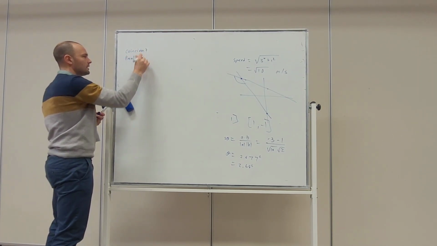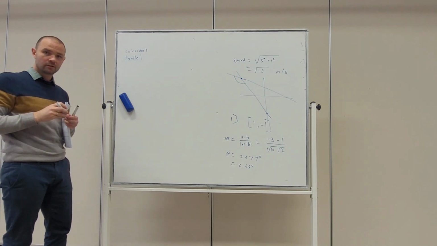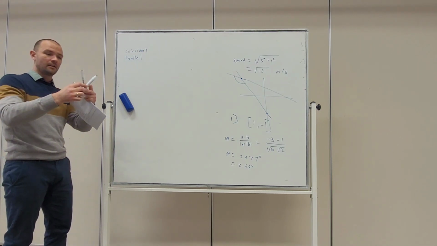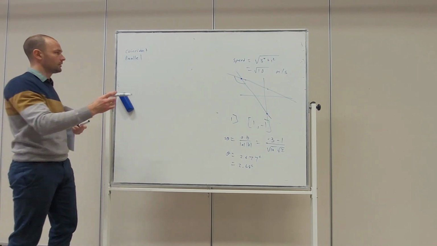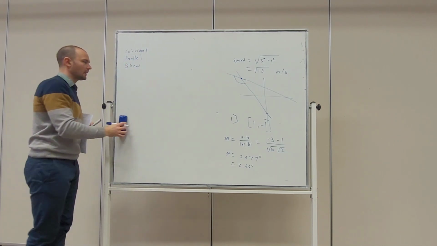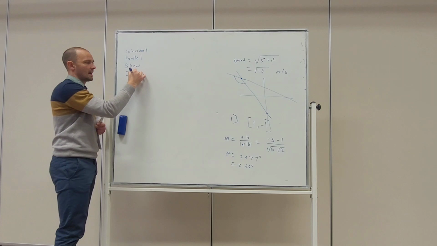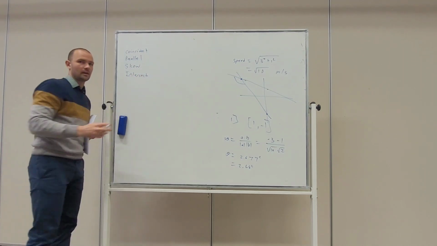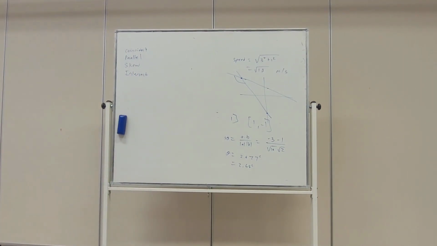They could be skew, in which case they never meet and they're not parallel. They're not going in the same direction. It could be skew lines. And the last one is that they could intersect at one common point. Okay, cross one another. So, what we're doing is we're finding out what's the relationship between them.